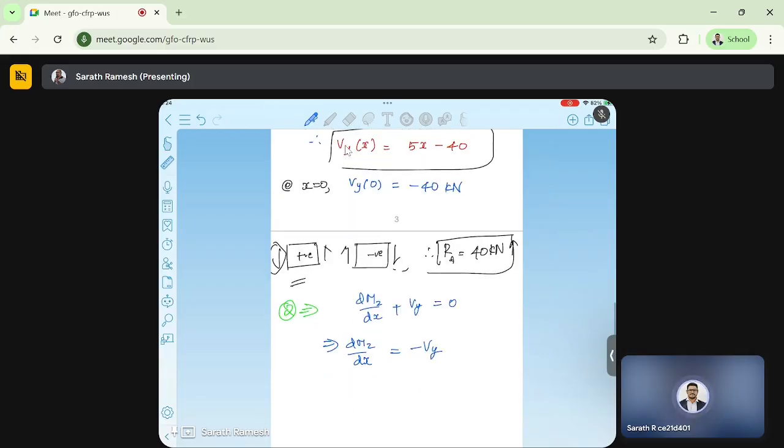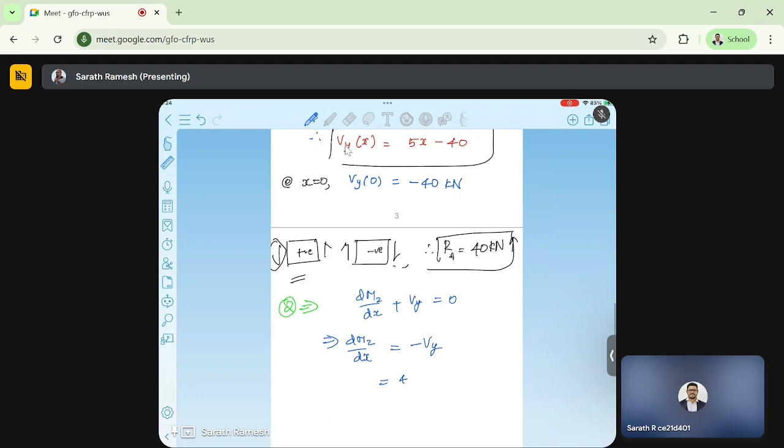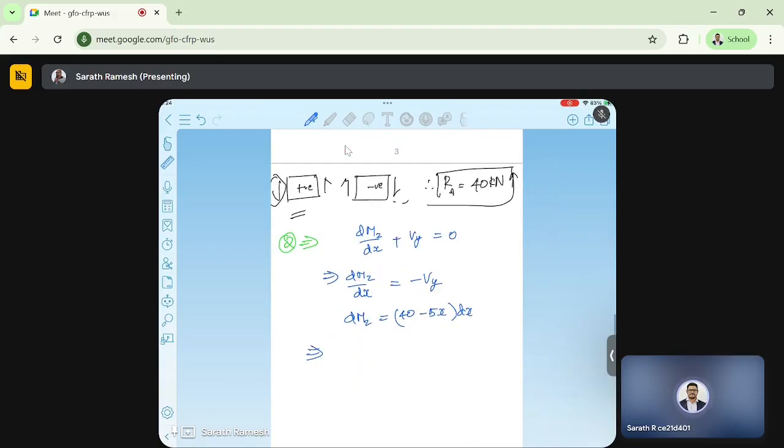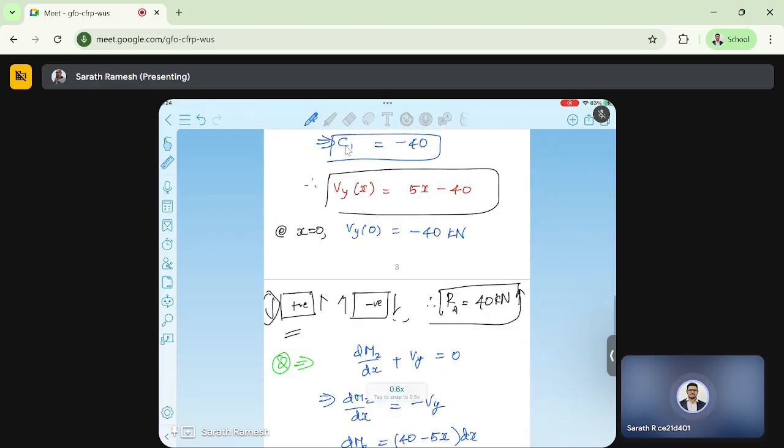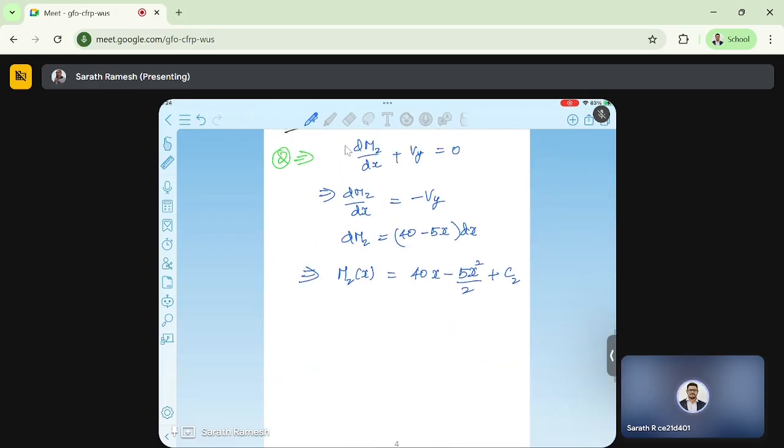This vy we already have as 40 minus 5x. So integrating on both sides, we get mz of x equal to 40 times x minus 5x square by 2 plus C2. C1 I have already used, so that's why I'm using a new constant C2.